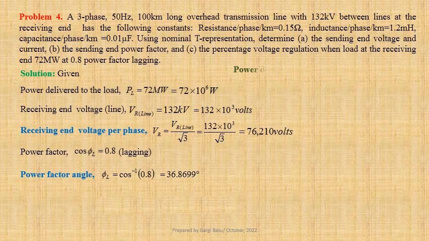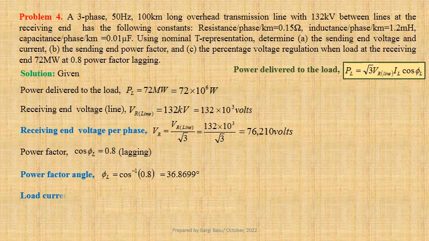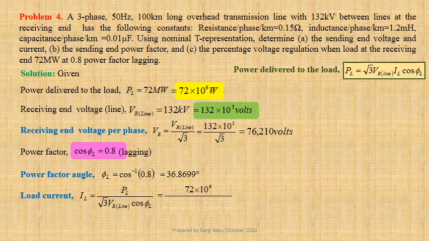Expression for power delivered to the load PL equals root 3 times VR line into IL cos phi L. Therefore, load current IL equals PL divided by root 3 times VR line into cos phi L. Using values we get 72 into 10 to the power 6 divided by root 3 into 132 into 10 to the power 3 into 0.8, which gives us 393.65 ampere.